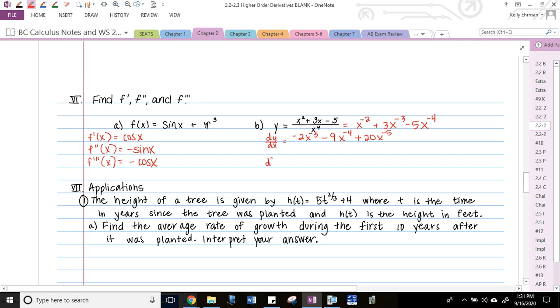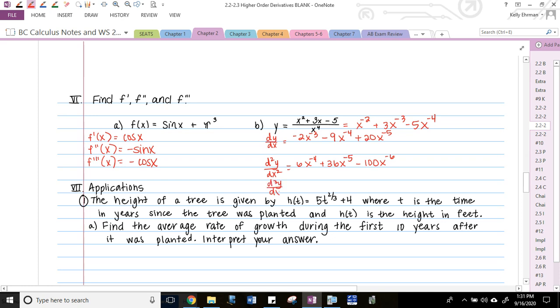Should I rewrite that? Yeah, I'll do it eventually. Derivative of that is 6x to the negative 4 plus 36x to the negative 5 minus 100x to the negative 6.